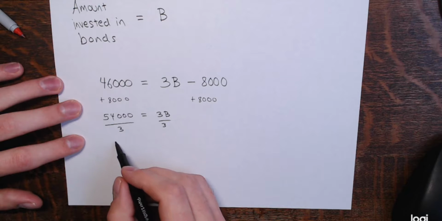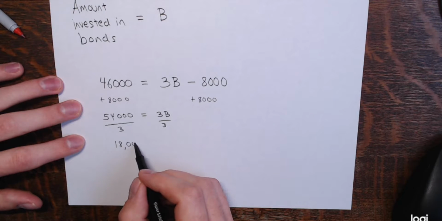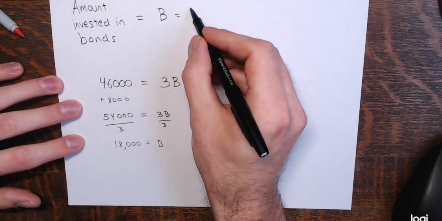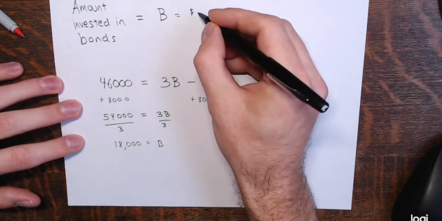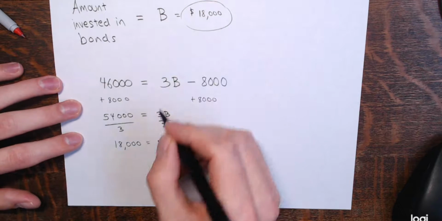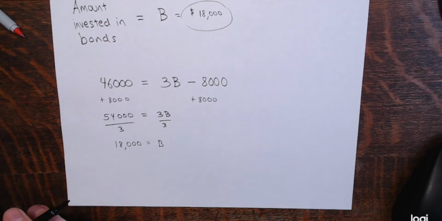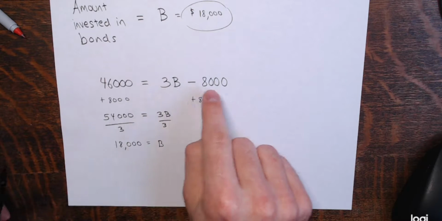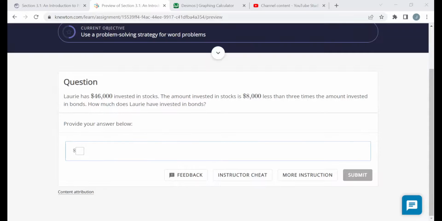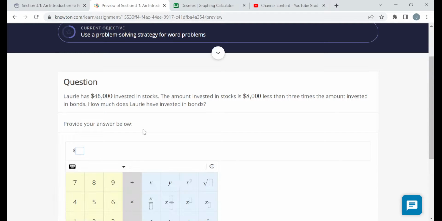This is 18,000 equals B, so this is $18,000. B represents the amount invested in bonds. And there you have it. Triple that is 54,000, minus 8,000 would be 46,000. This all works out. So the amount she has invested in bonds is $18,000.